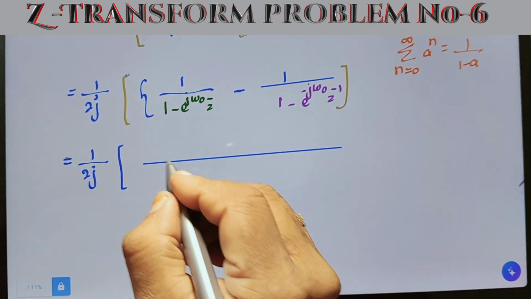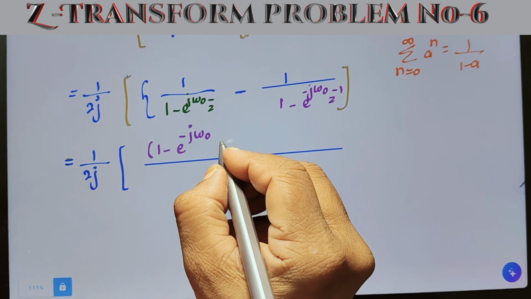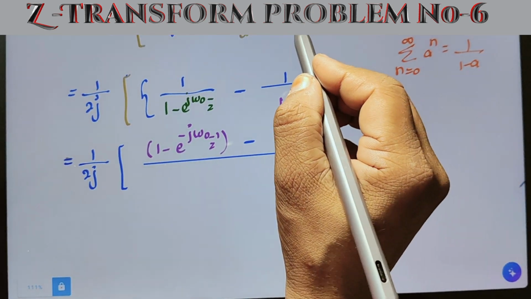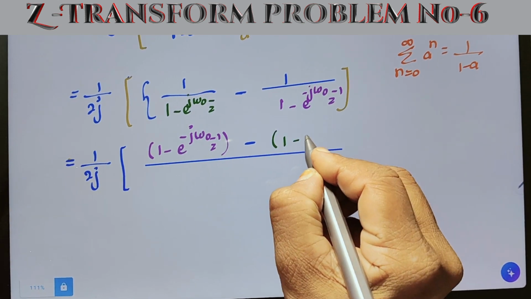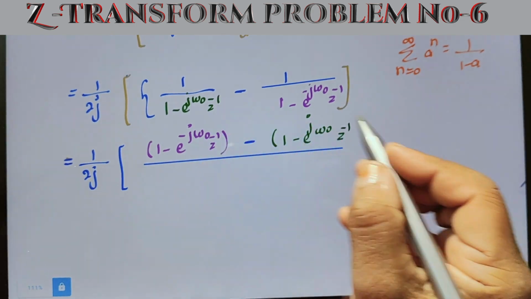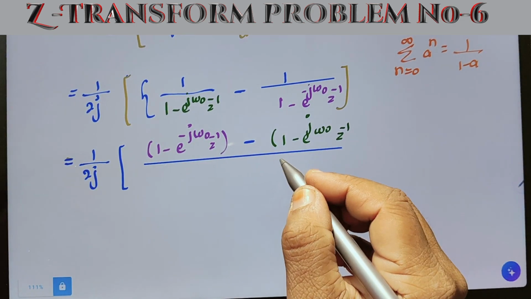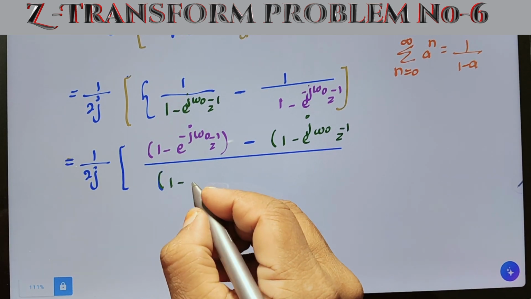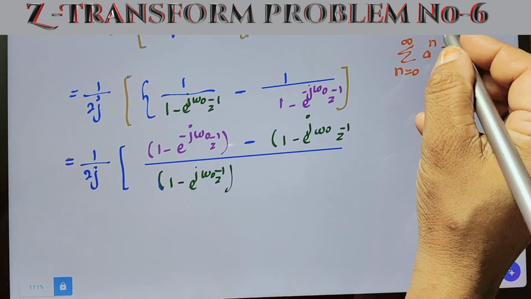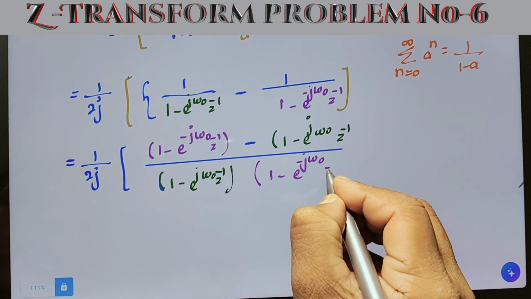So 1 minus e power minus j omega naught into z power minus 1, minus the second term, 1 minus e power j omega naught into z power minus 1, whole divided by the denominator: 1 minus e power j omega naught into z power minus 1 and the second term 1 minus e power minus j omega naught into z power minus 1.